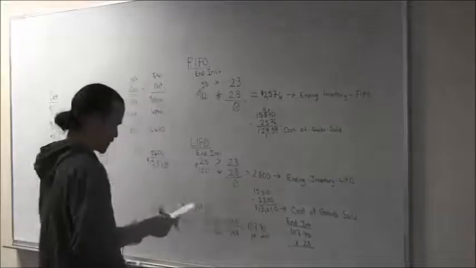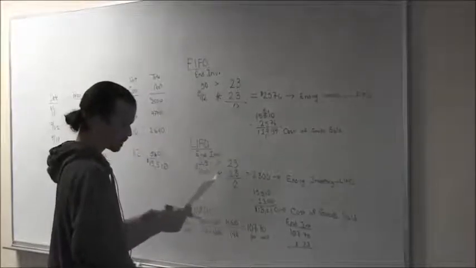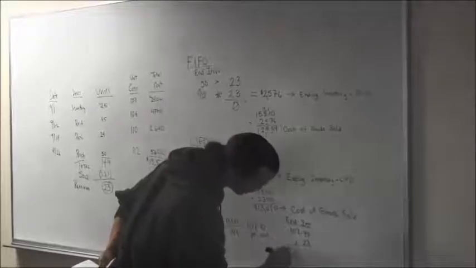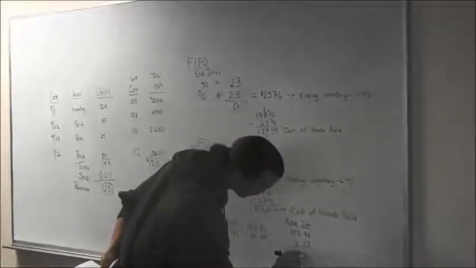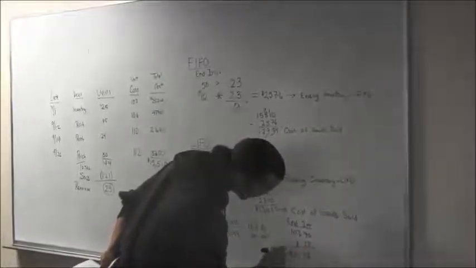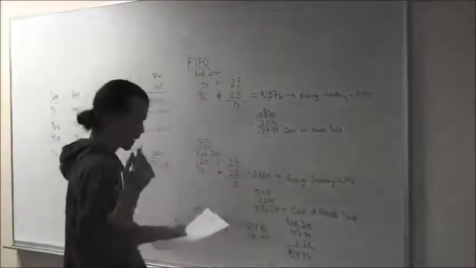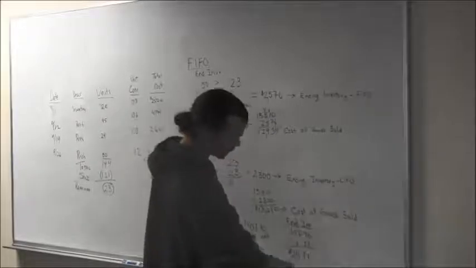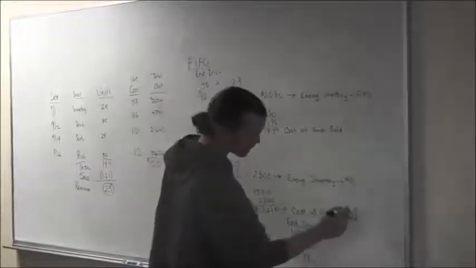And that will give me approximately 2,477. And I can still do the same method of 15,510 minus the 2,477.